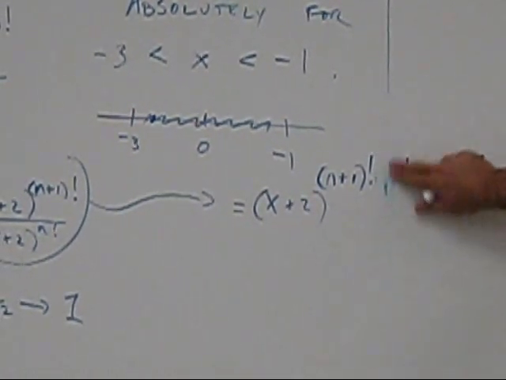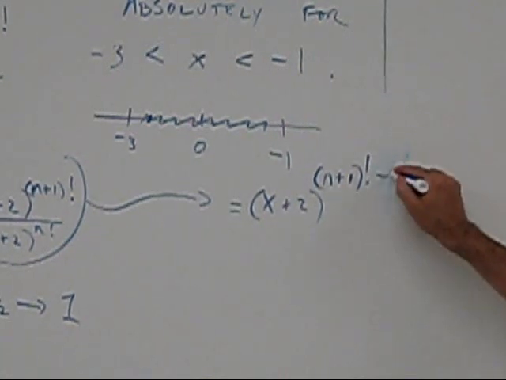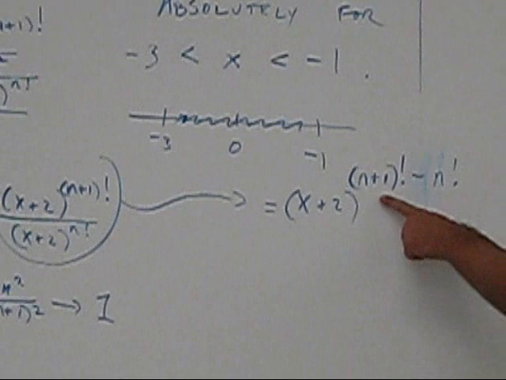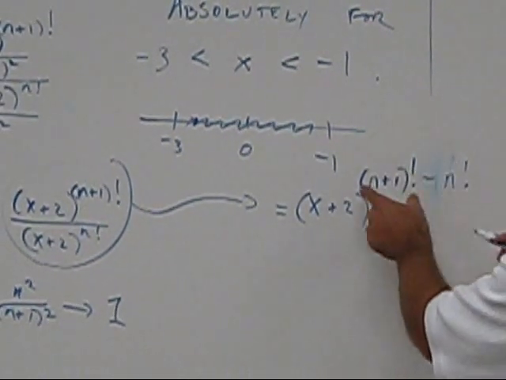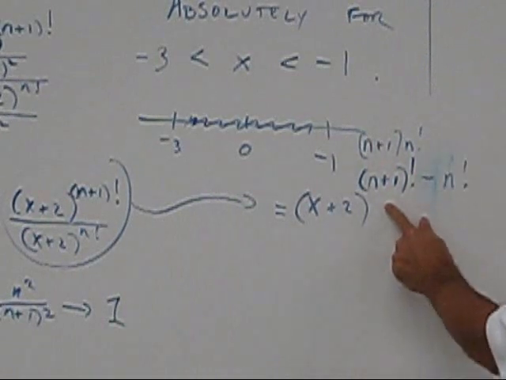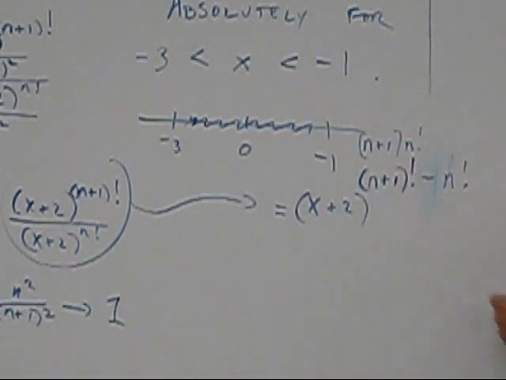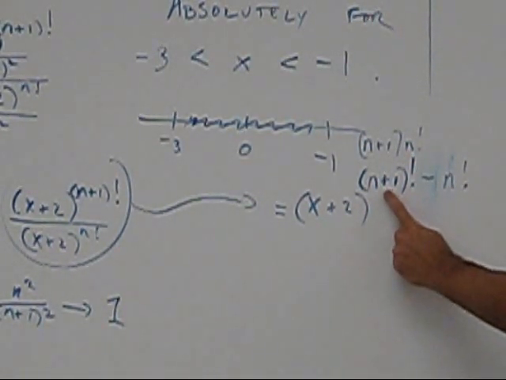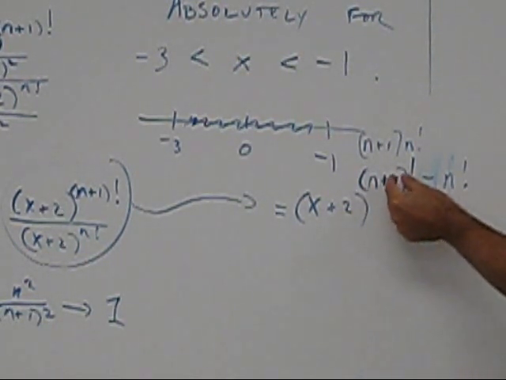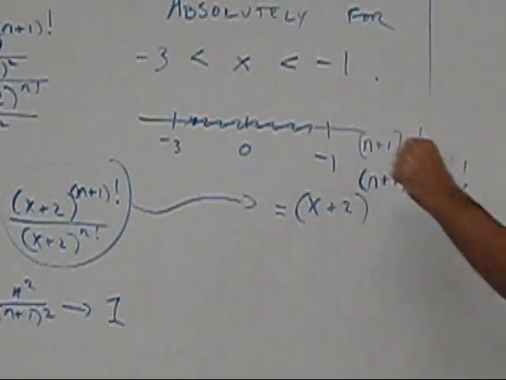And (n+1) factorial is (n+1) times n factorial. There's just an extra term in front. So think of this as being 7 factorial, and this is 6 factorial. So 7 factorial has a 6 factorial in it. Just pull off the 7.